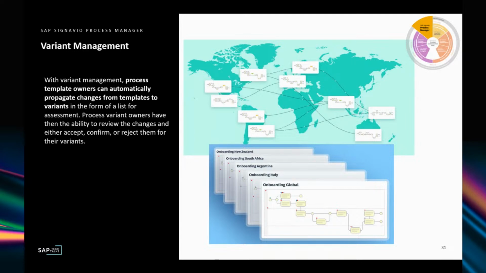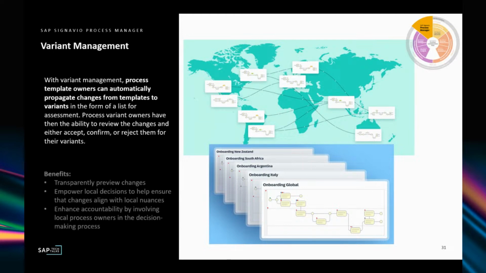And if we change something in the template, we can notify stakeholders and provide the capability for people from different locations to check the previous version of the template and the latest one.